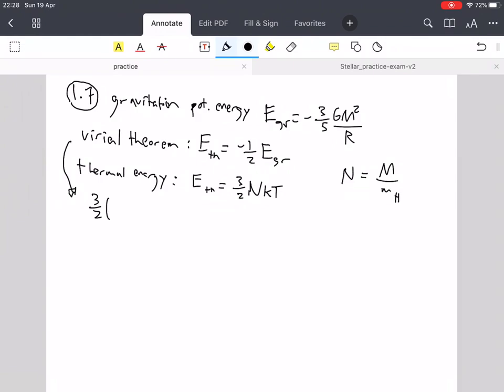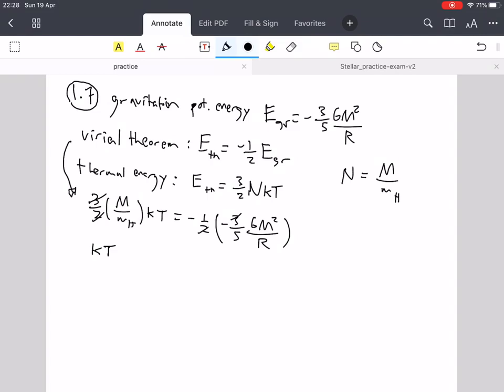So this now gives us 3/2 times big M over m_H multiplied by kT, and that's equal to minus 1/2 times a minus 3/5 GM squared over R. The minus signs cancel, and we end up with the 3's also cancelling, and the halves.